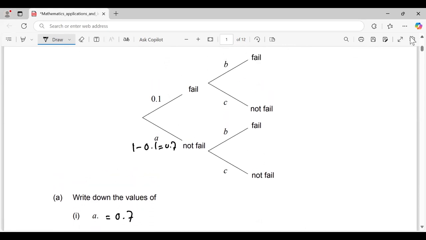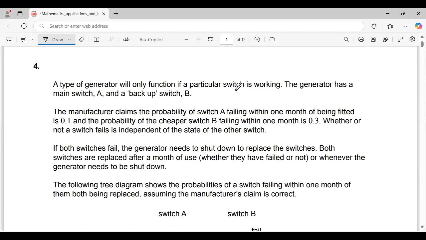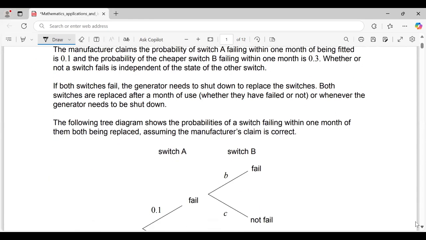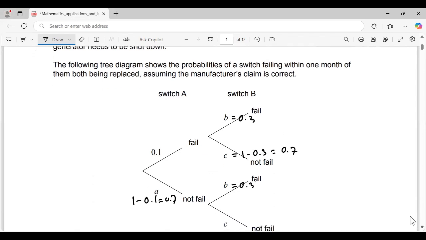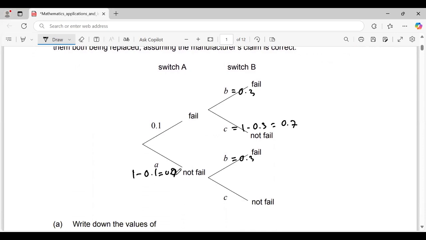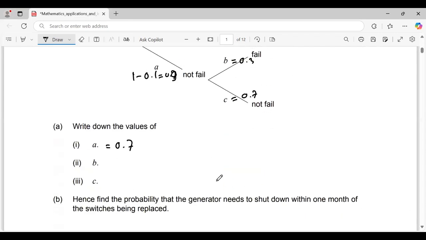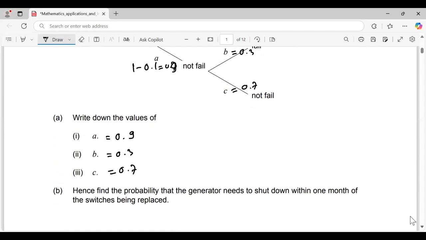Next, B. According to this information we can state that B equals 0.3, and C is 0.7. So B is 0.3 and C is 0.7. Okay.